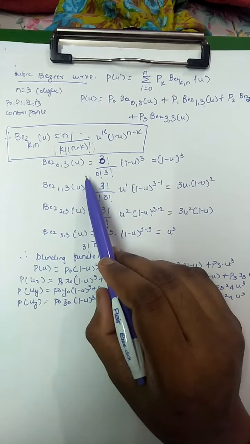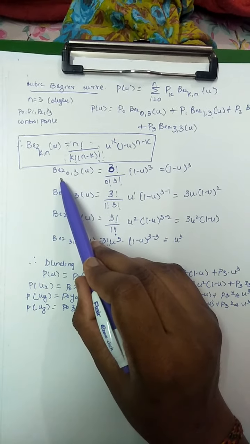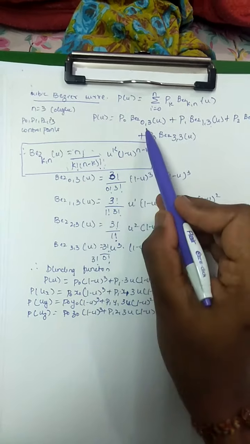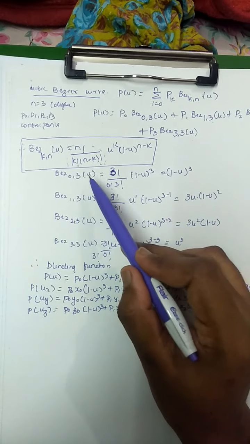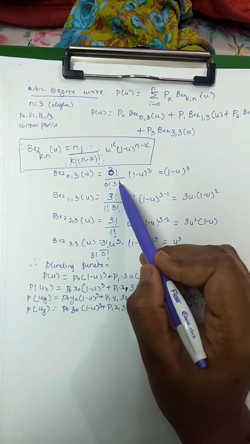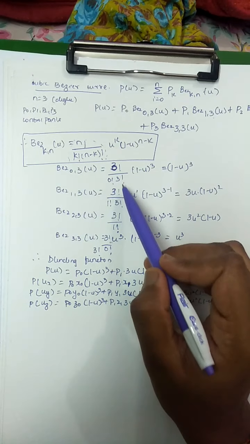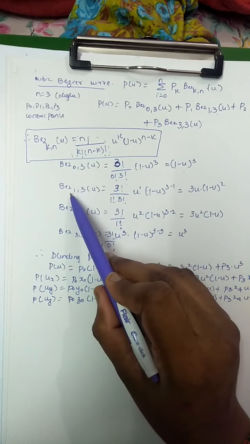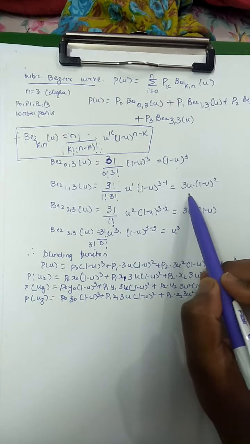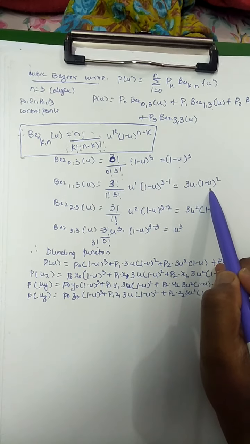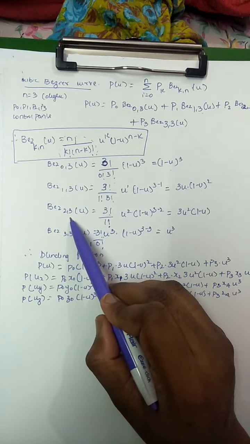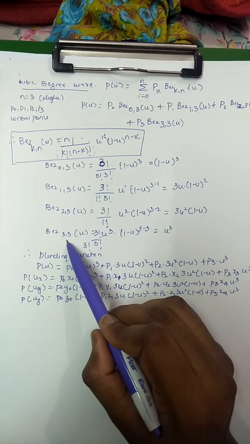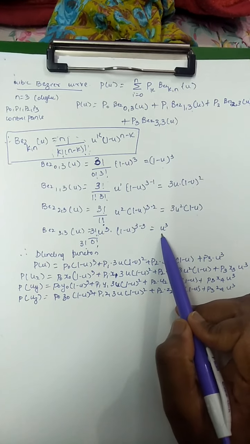In this case, for the Bezier curve of 0 comma 3, if I substitute this in the equation, I'll get 3 factorial divided by 0 factorial into 3 factorial, giving 1 minus u cube. With respect to 1 comma 3, I'll get 3 into u into 1 minus u square. With respect to 2 comma 3, I'll get 3 into u square into 1 minus u, and with respect to 3 comma 3, I'll get u cube.